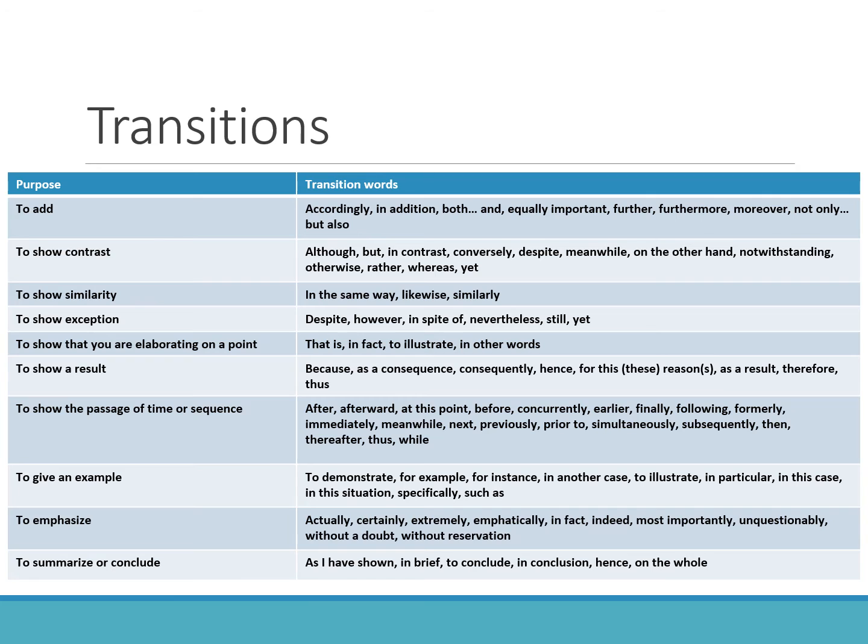So I encourage you to come back to this slide or save it so that when you think, okay, I want to show contrast, what phrases can I use? Oh, look, here we've got although, conversely, despite. Or I want to give an example, how can I introduce that in my paragraph?